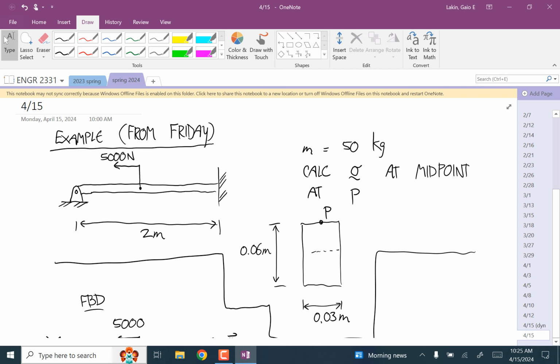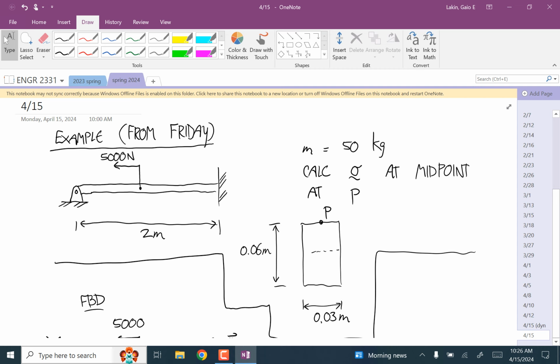If you imagine pulling this down, there's nothing in that pin joint that would hold it, so the only boundary condition here is that the deflection is 0. Then at X equals 2, we know the deflection is 0, and we also know that deflection prime is equal to 0.